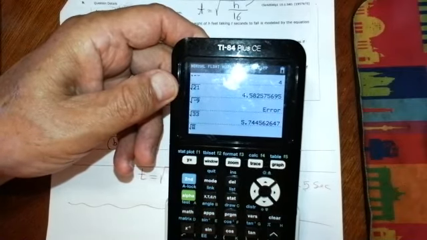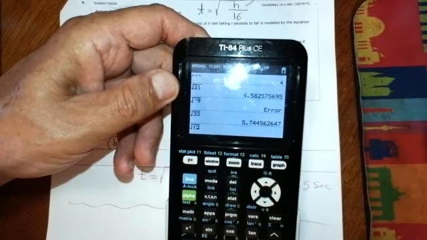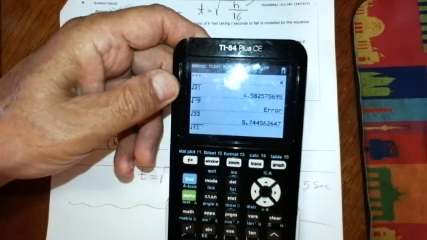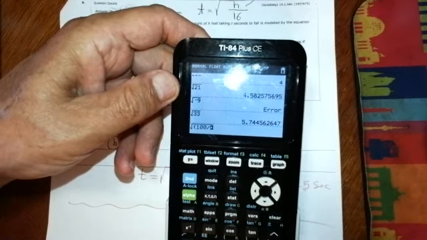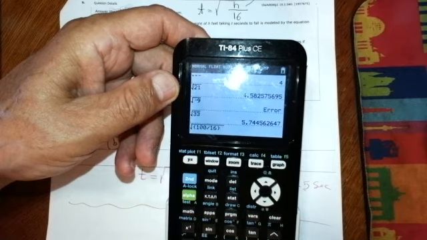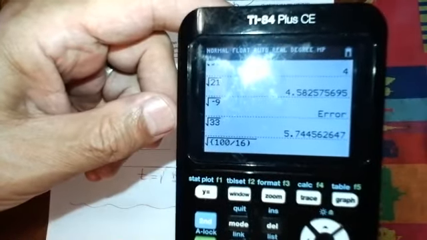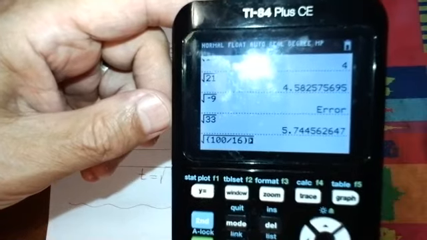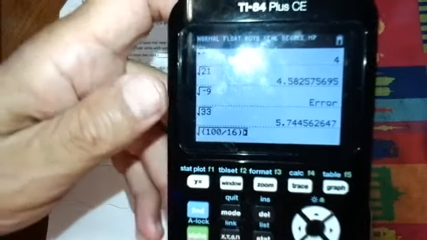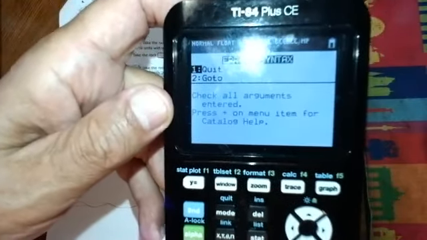Since you want to put that fraction, I always open a parenthesis under. It is 100 divided by 16, and then close the parenthesis, see? Put it in the parentheses. Under the radical, you have 100 over 16, and in that case, you enter.